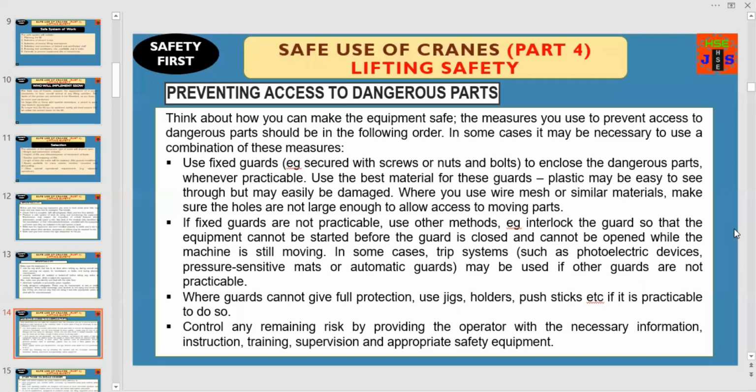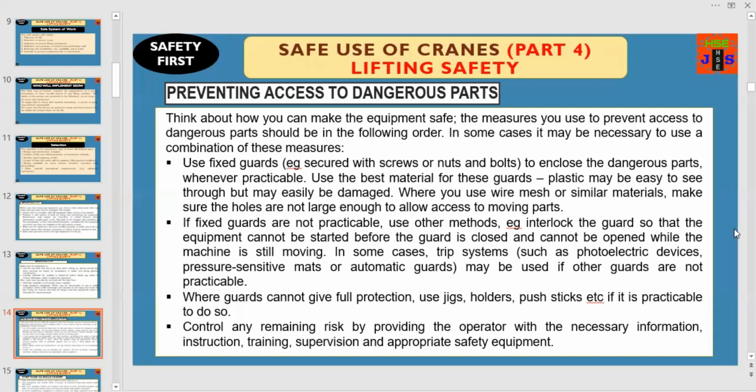Use fixed guards, for example, secured with screws or nuts and bolts to enclose the dangerous parts whenever practicable. Use the best material for these guards. Plastic may be easy to see through, but may easily be damaged. Where you use wire mesh or similar materials, make sure the holes are not large enough to allow access to moving parts. If fixed guards are not practicable, use other methods.